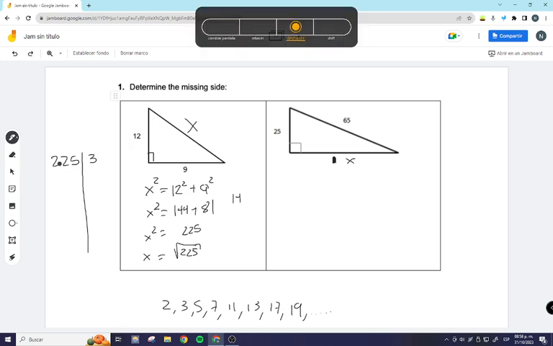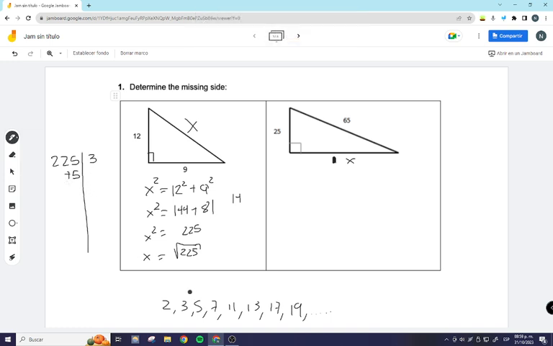Oh, wait. Okay, can it be divided by 3? Again, let's see. 5 plus 7 is 12. Yes, it can be. 75 divided by 3. Let's do it again. 3 fits in 7 twice. 2 times 3 is 6.